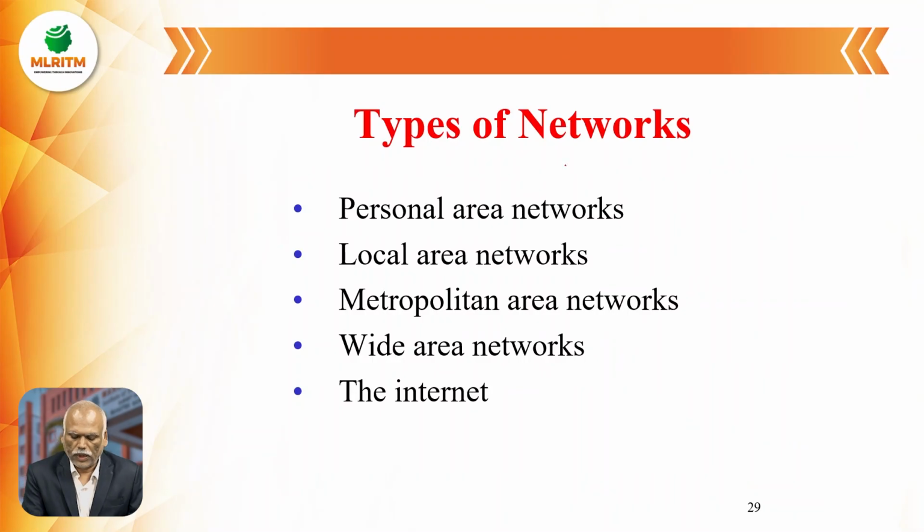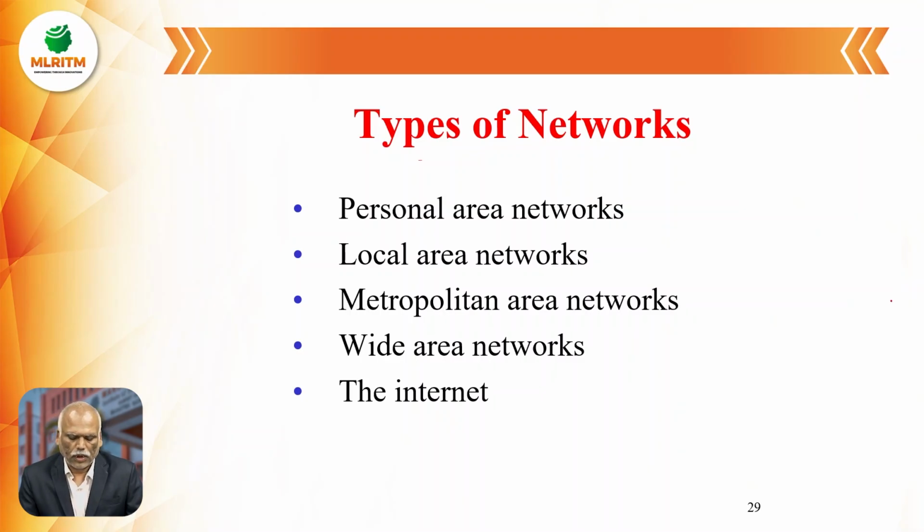So now we see the types of networks. Based on these types of networks, the different devices which we have seen will be part of these networks. For example, personal area networks are on the smallest distance scale, where the distance between the devices in a communication is less than a meter.